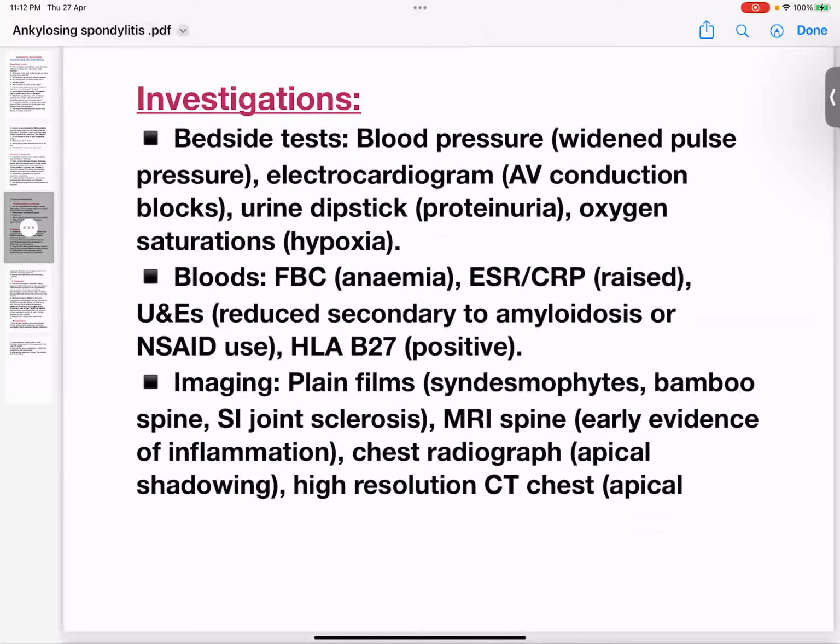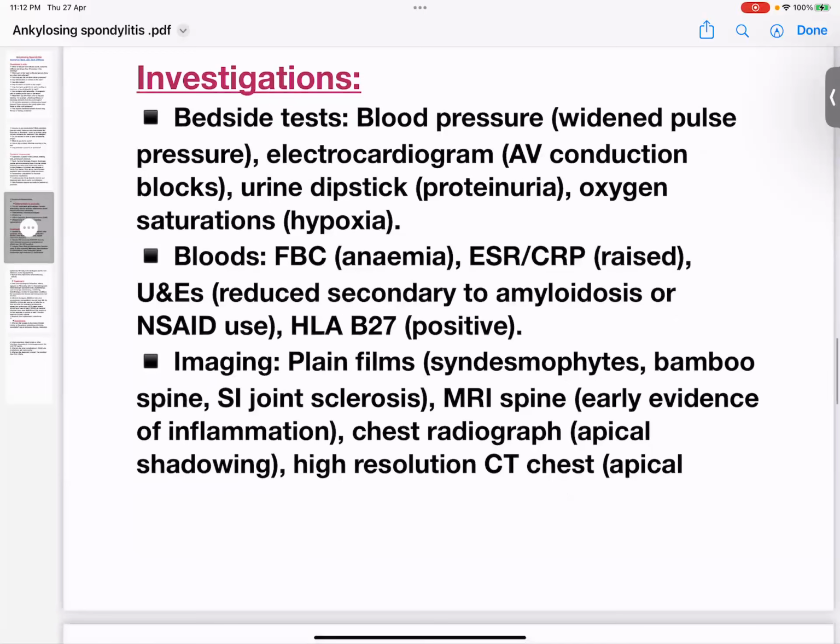Blood tests, fasting: full blood count for anemia; the inflammatory markers, erythrocyte sedimentation rate and C-reactive protein will be raised. The kidney function test may be reduced secondary to amyloidosis or non-steroidal anti-inflammatory use.